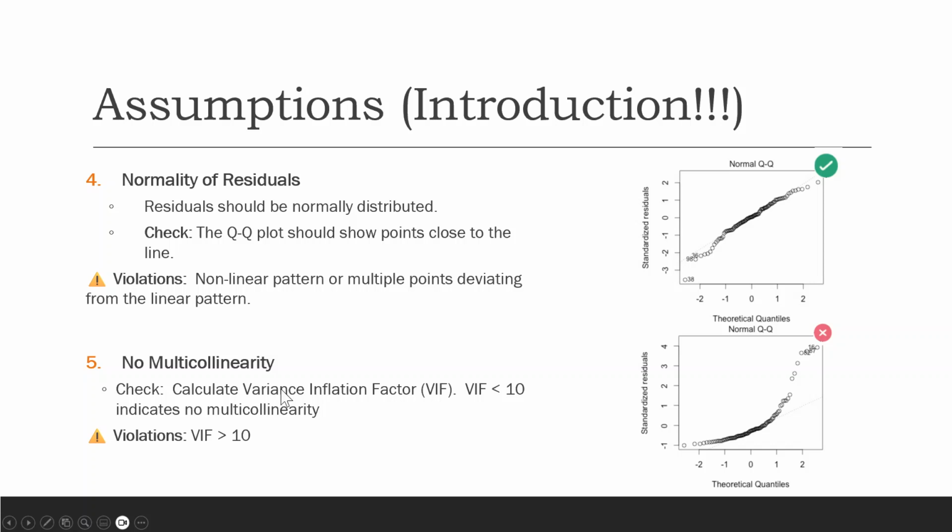As long as it's less than 10. We have a violation of this assumption if it is greater than 10. So these are all of the assumptions for our multiple linear regression, and these are the ways that we're going to walk through checking those assumptions. And as you'll see in your next statistics course, you will expand on the methods for checking these assumptions.